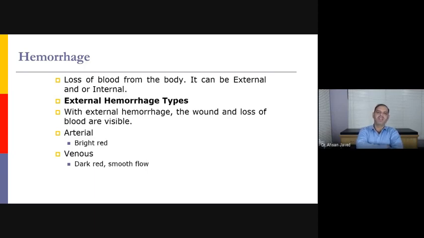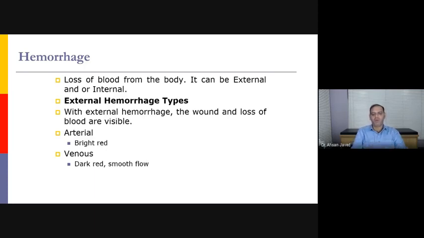In addition, the venous blood usually has a smooth flow, whereas arterial blood has more of a pulsating flow, the way we can feel the pulse of the body. So if there is a major bleeding from an artery, it has a pulsating flow. There will be a sprinkle of blood, then a slight decrease in the pressure, then again an increased pressure, then decreased pressure.